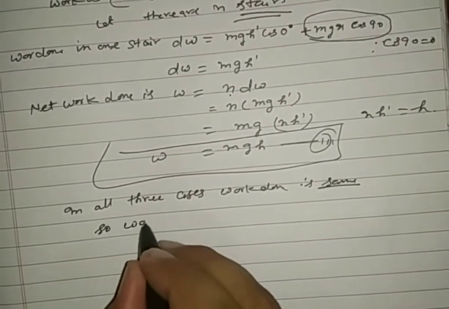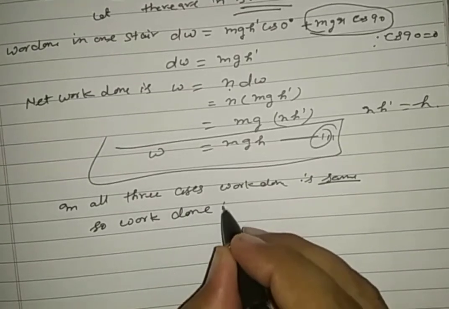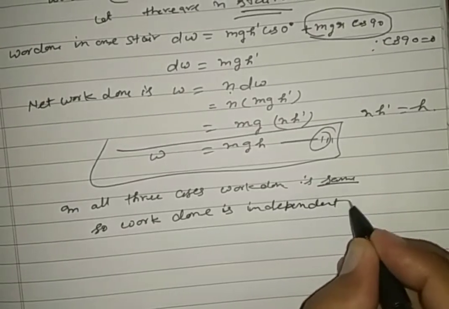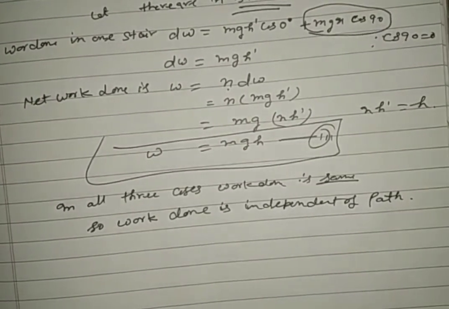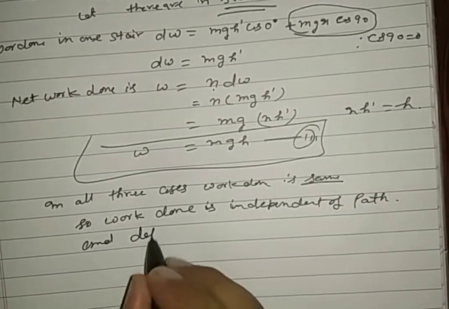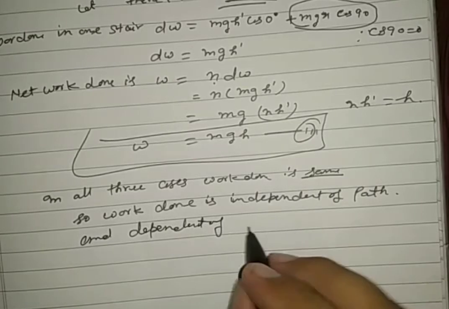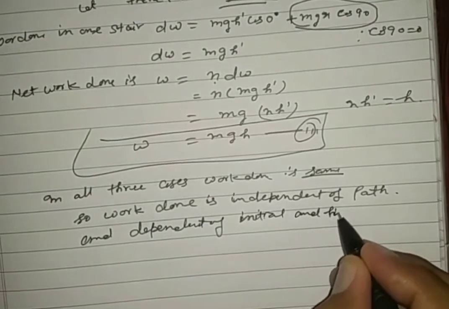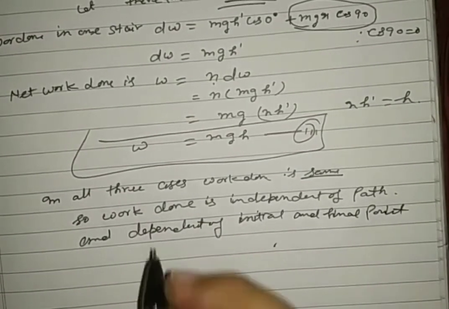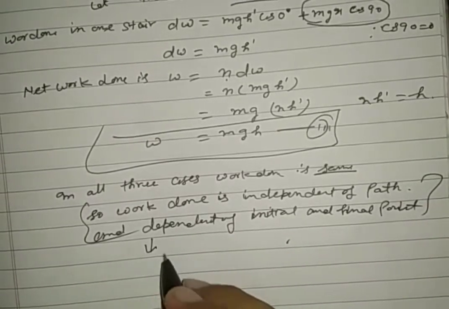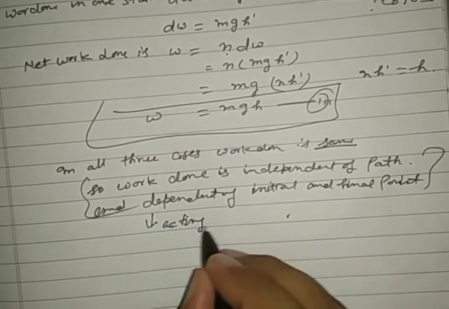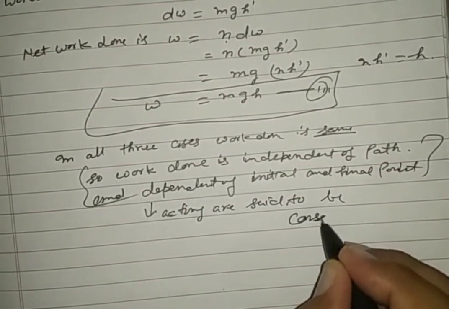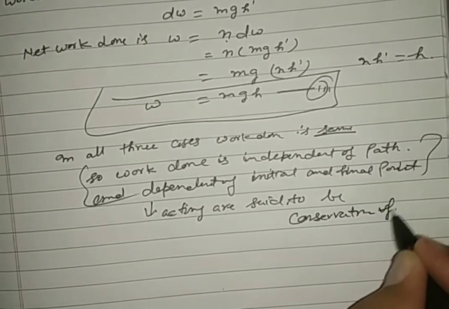So work done is independent of path. It does not depend on path and is dependent on the initial and final point. If this is the situation, then the acting forces are said to be conservative forces.